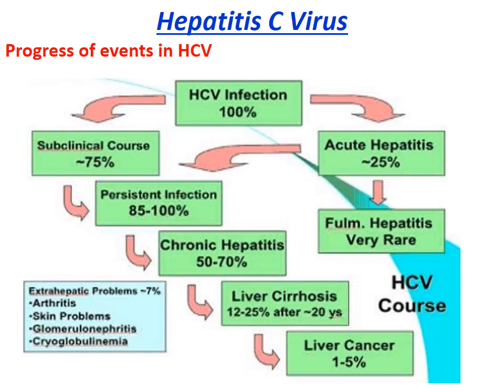Extrahepatic problems can also occur in 7% of cases. These include arthritis, skin problems, glomerulonephritis, and cryoglobulinemia.